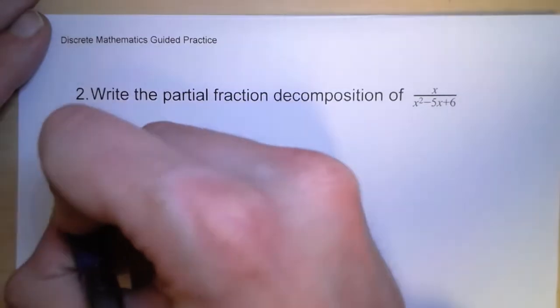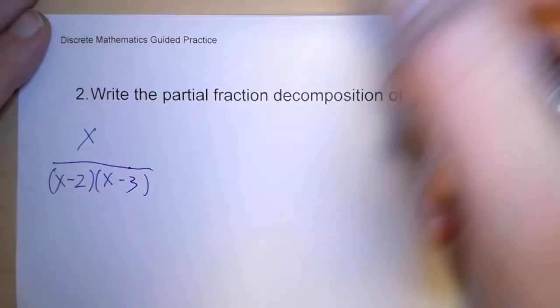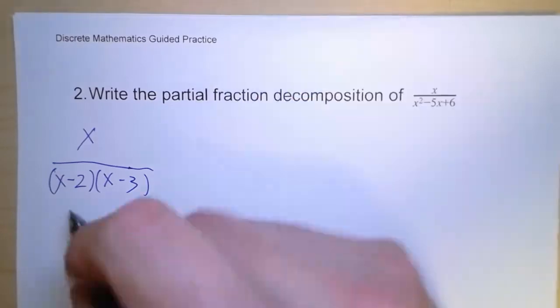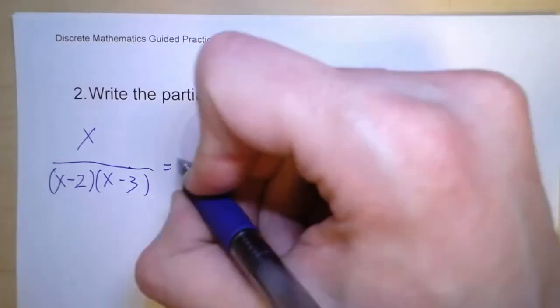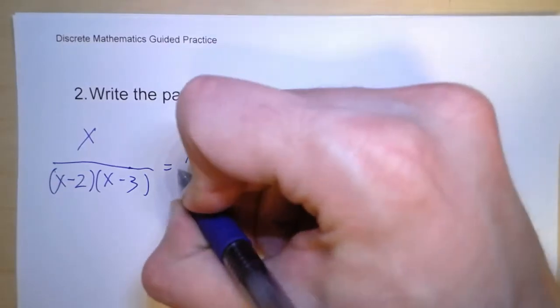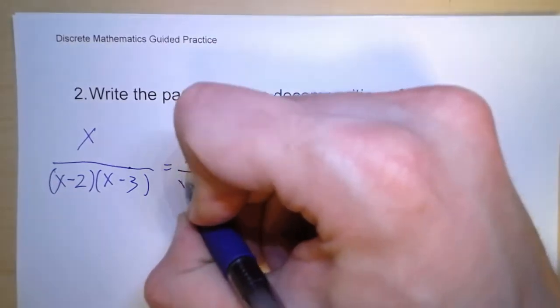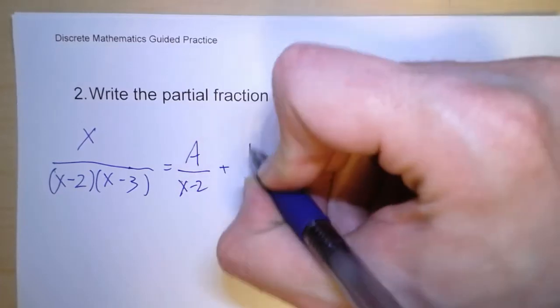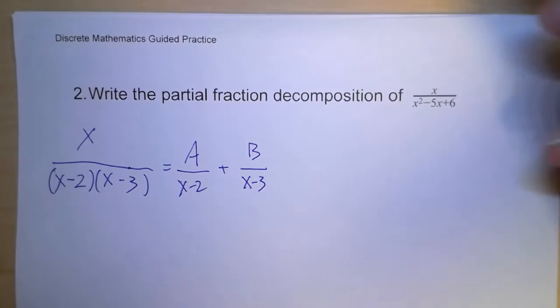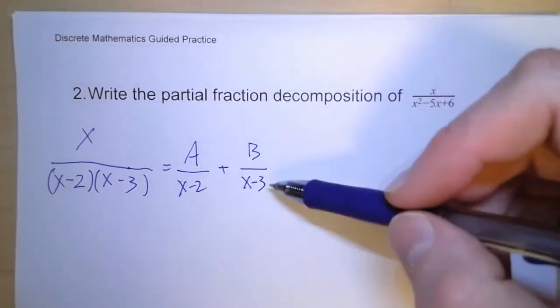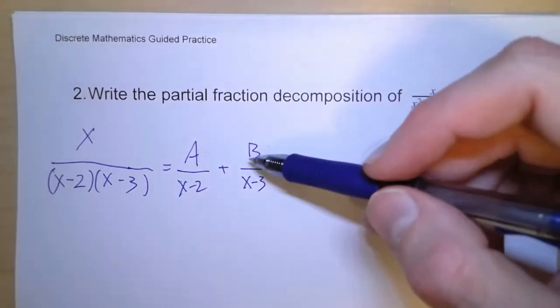And so that's going to be minus 2 and minus 3. So now we have our two factors. So our partial fraction is going to be a over x minus 2 plus b over x minus 3. Again, these are degree 1s, so we have degree 0s. These are just numbers.